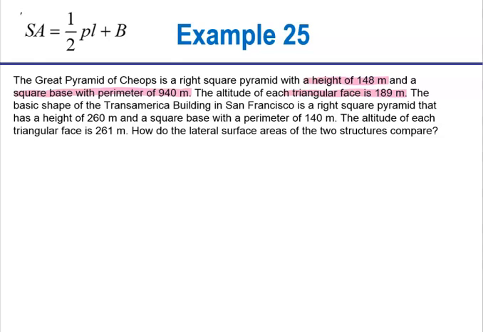So the shape of Transamerica building is a right square pyramid, again, that has a height of 260 meters and a square base with a perimeter of 140 meters, and the altitude of each triangular face is 261 meters. How do the lateral surface areas of the two structures compare?